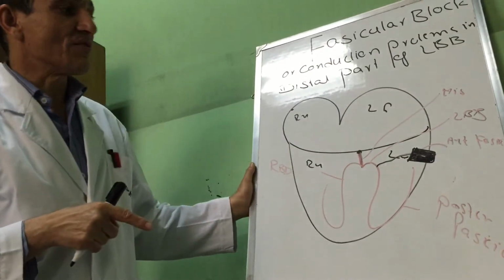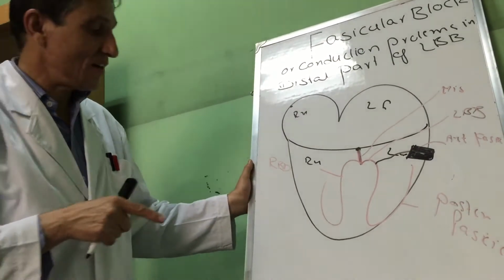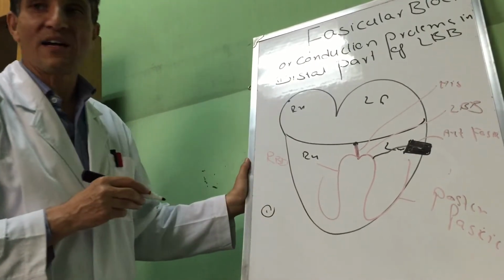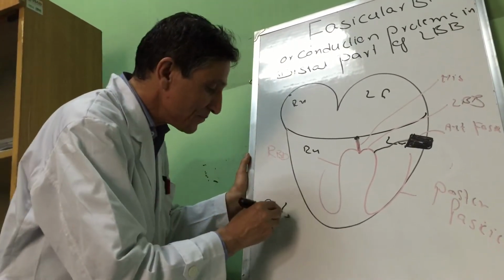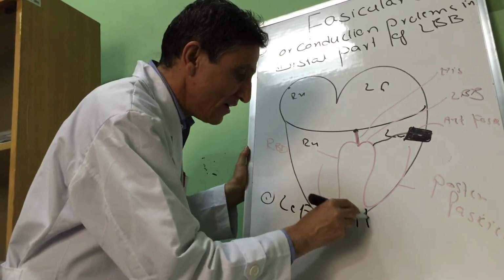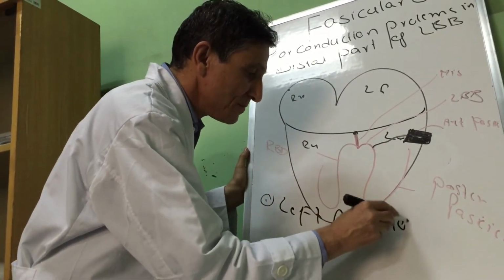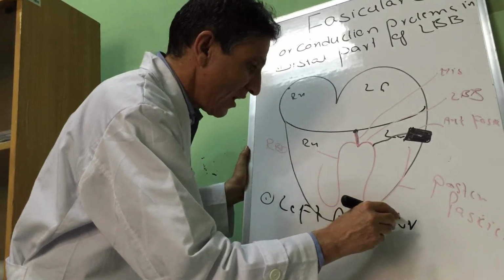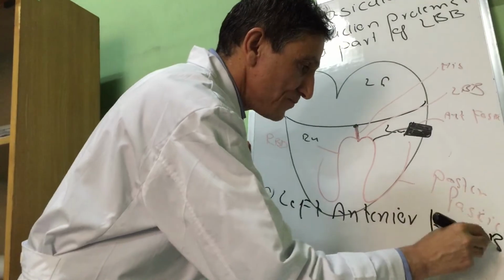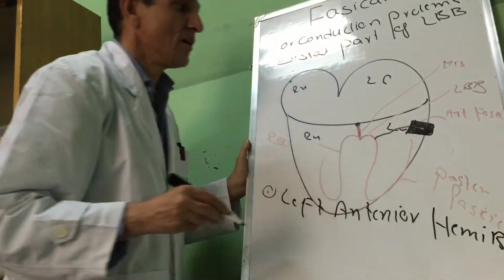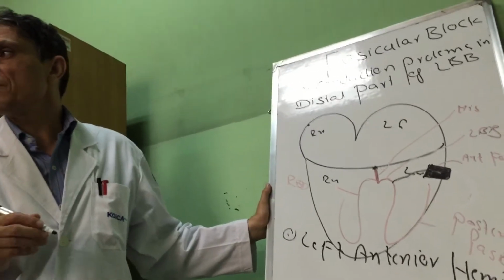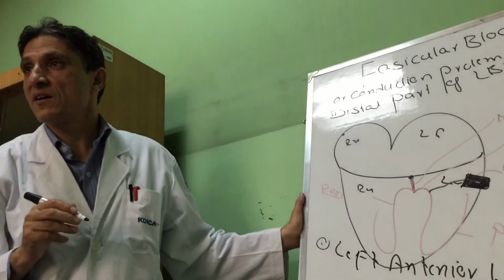So in the case of anterior fascicular block, what will you see? Blockage of the left anterior fascicle is called left anterior hemiblock.